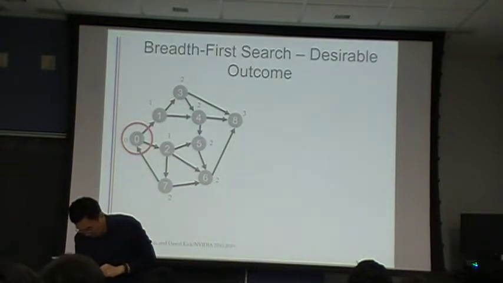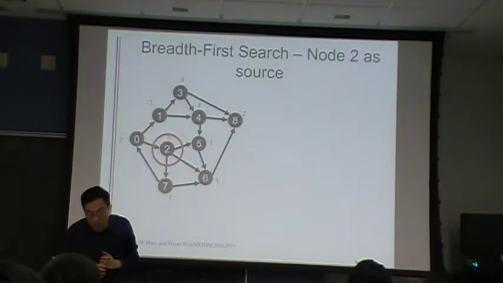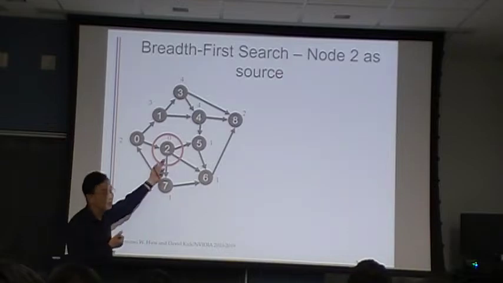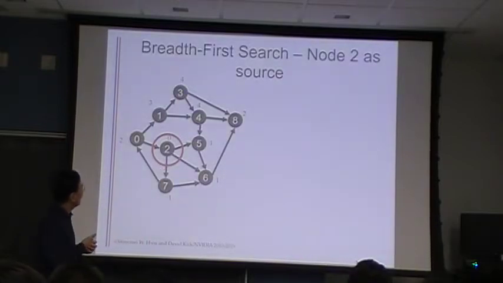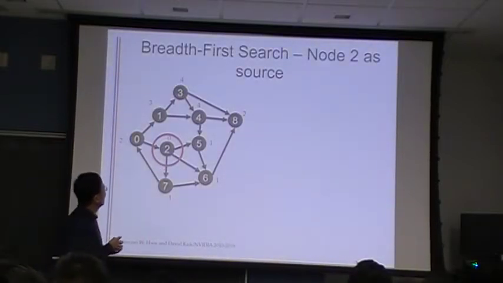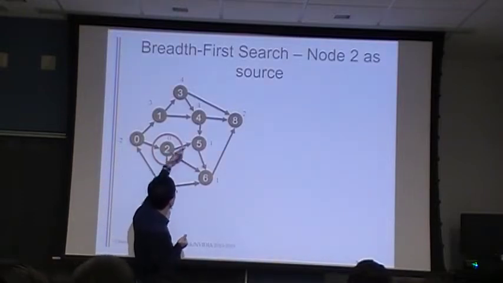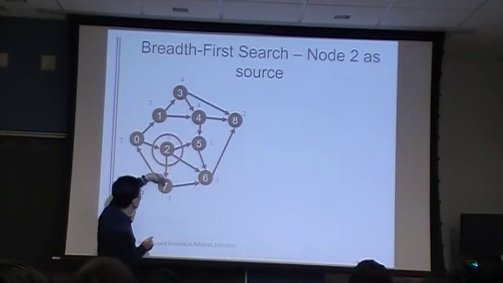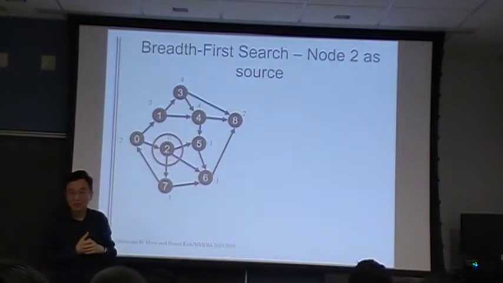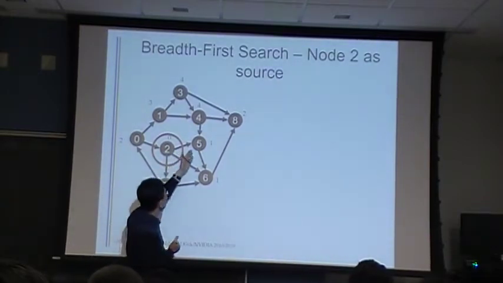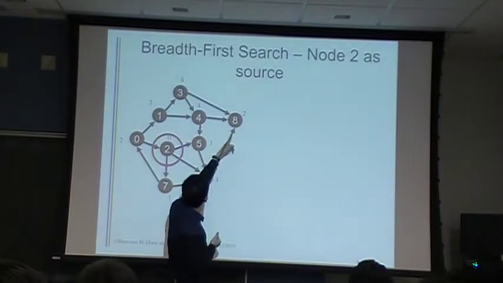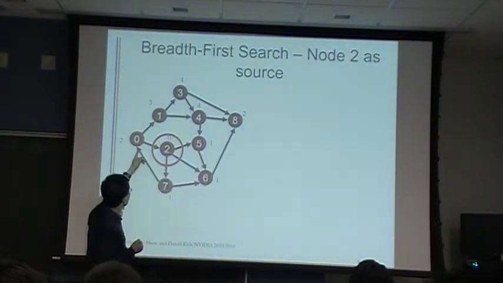If I have a different source, like 2, then those that can be reached in 1 hop will be this one and this one, all the immediate neighbors, right? And then the 2 hops will be this one, right? And this one.